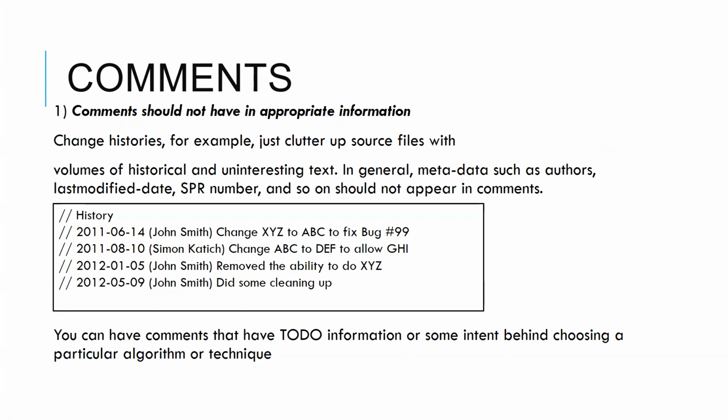Now, in this modern era, when we have very good source control tools which can easily track who made what change in the code, you do not need to explicitly maintain a change history. So this is some kind of inappropriate information.